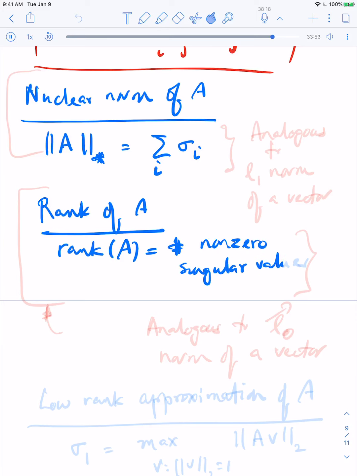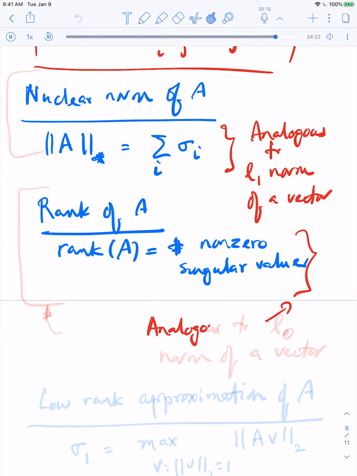That's basically the dimension of the row space or column space. So this is the rank of A, which is also equal to the rank of A transpose, and this guy is analogous to the L1 norm of a vector. And this guy, of course, is the number of non-zero entries, so it's analogous to the L0 norm of a vector.